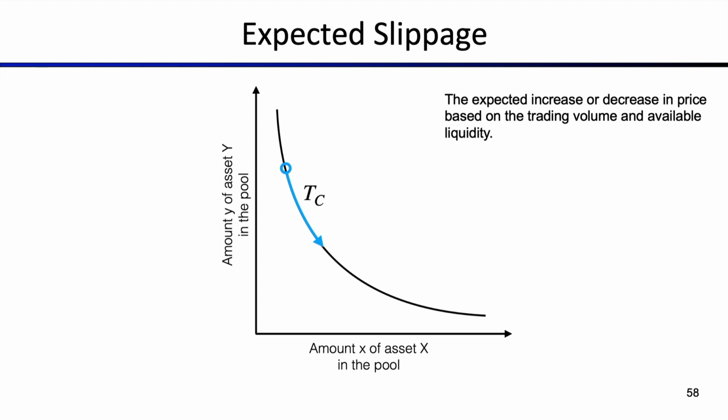The curve describes the expected increase in price. So the longer you go along this curve, the more you will pay per coin that you purchase. The idea is that the pool should not be easily drainable, but you should always have instant liquidity. That's one of the properties of an AMM.